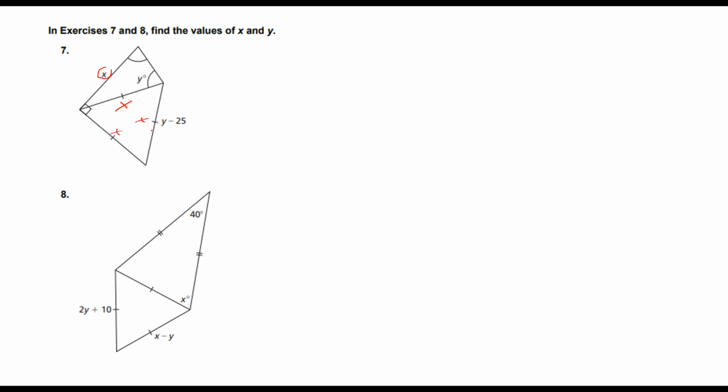And so here I can see that x actually is equal to y minus 25. Interesting. Okay. Second, I know that y is here, and this is a 90-degree angle. Hmm.